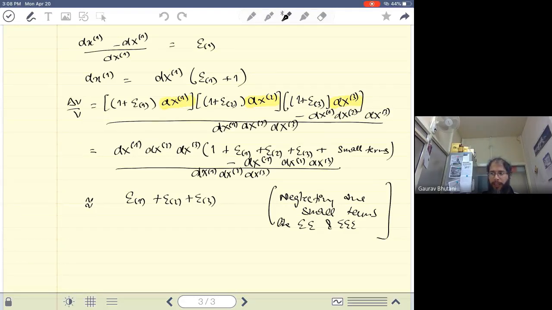So what we get is finally that the change in volume per unit volume is the trace of the epsilon or the strain tensor, because we know that this sum is an invariant. So this is epsilon i i, which is the first invariant of epsilon. Because you don't really need to be in the principal directions. You could be in any coordinate system. You could transform epsilon into any coordinate directions, and still the trace will be the same because it's an invariant.